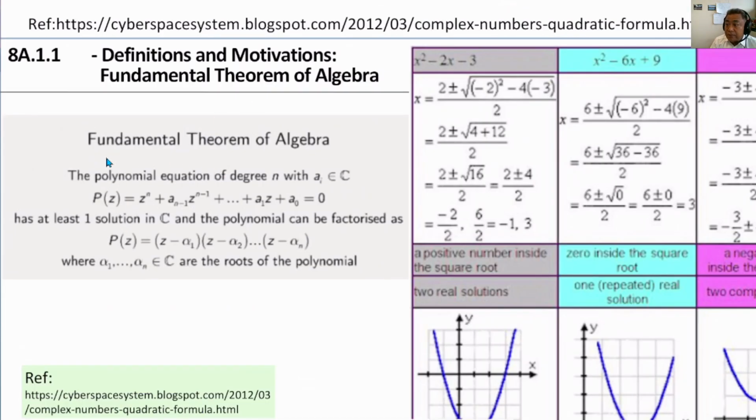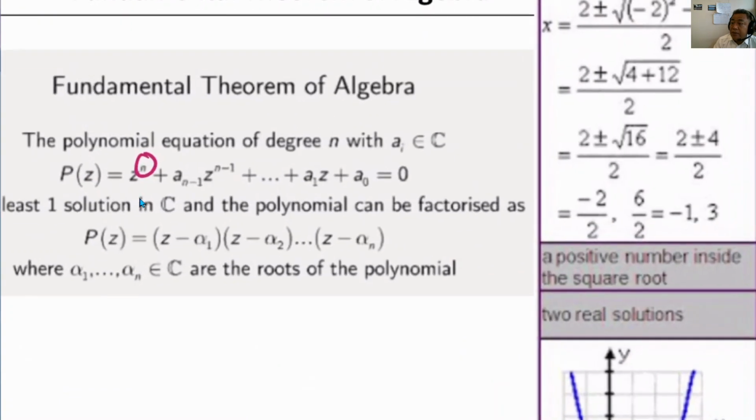Alright, so let's revise this. The fundamental theorem of algebra says that when we have a polynomial of degree n, it can be factorized into this, and there are n values of z such that this equation becomes equal to 0.